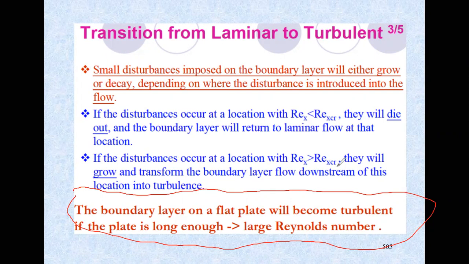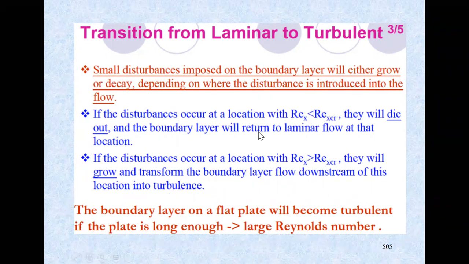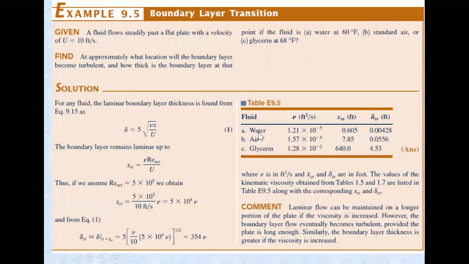This is an example for when you want to calculate the location of the transition. I think this is a pretty straightforward example. You just need to calculate the Reynolds number. A fluid flows steadily past a flat plate with a given velocity.